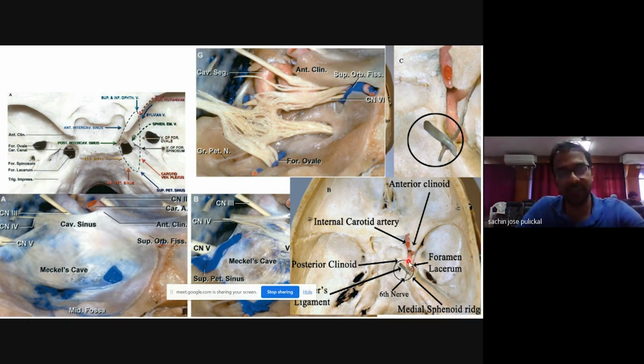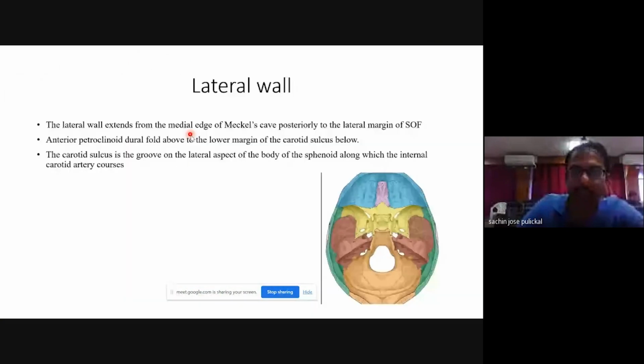So the posterior wall is related to two nerves, the fifth nerve and the sixth nerve. But one important thing you have to understand is the lateral wall. In fact, the fifth nerve, like I told, is not a part of the cavernous sinus. It lies just lateral to the cavernous sinus. The lateral wall of the cavernous sinus extends from the medial edge of Meckel's cave posteriorly.